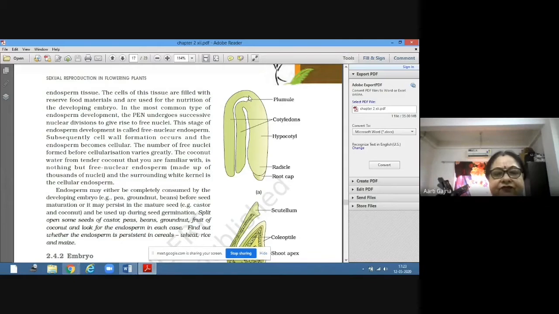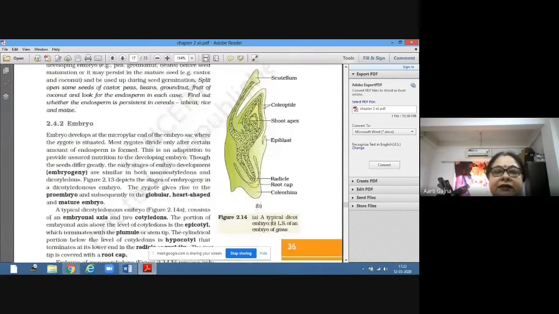In case of monocots, the epicotyle and hypocotyle terminology is different. Here it is called coleoptile, which means it is enclosing the shoot apex and the leaf primordia, and the coleorhiza is enclosing radicle and root cap.